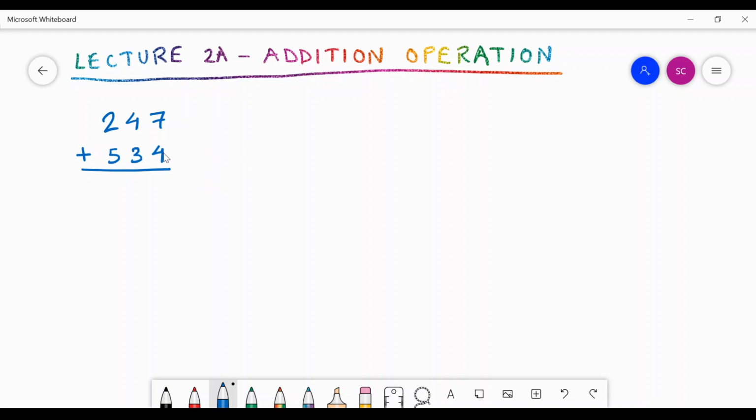You know that we do it like this. 4 plus 7 is 11, so we have 1 here and a 1 as a carry. Then 1 plus 4 is 5, plus 3 is 8, with no carry, and 2 plus 5 is 7. So 781 is the answer.